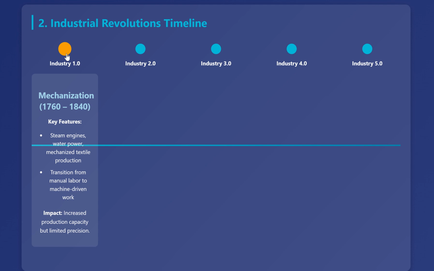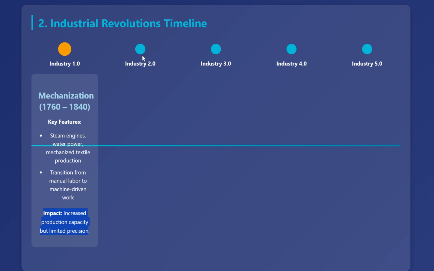These were developed in those periods, and because the system had this capability of transiting from manual labor to machine-driven work, we call it mechanization, and that was the aspect of Industry 1.0. The key impact was to increase production capacity, but with limited precision. Just underline these keywords. The impact was to increase production capacity with limited precision.